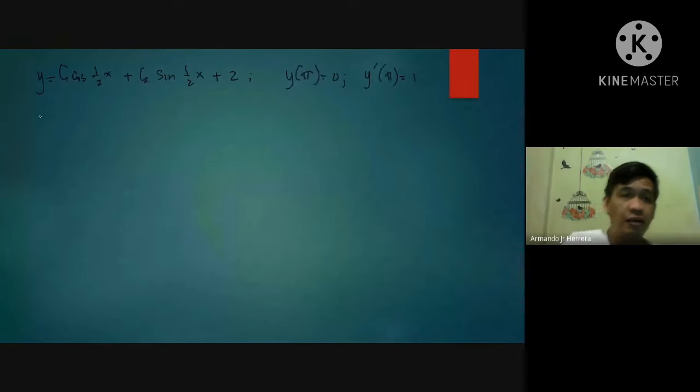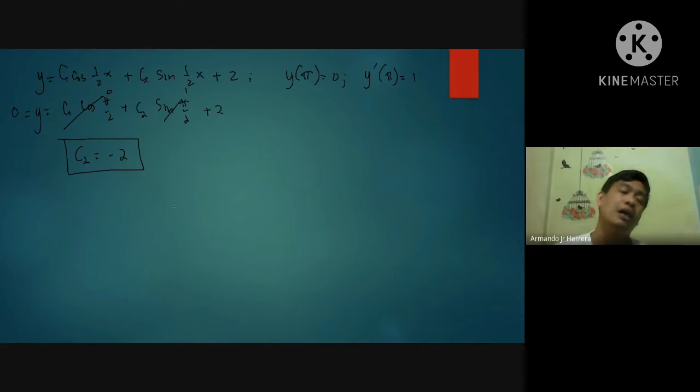So solving, you have y is equal to c1 cosine pi over 2 plus c2 sine pi over 2 plus 2, but y there is equal to 0. So this is 0, this is 1. So c2 is equal to negative 2, by transposing this positive 2 on the left side of the equation.